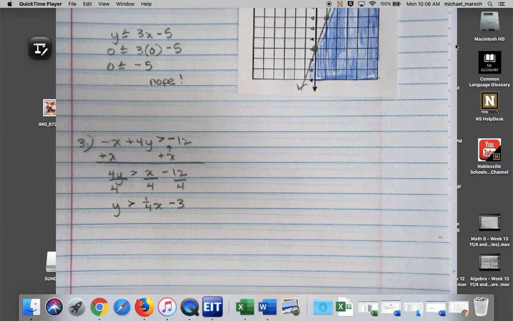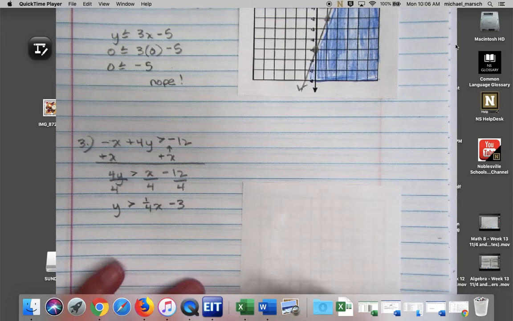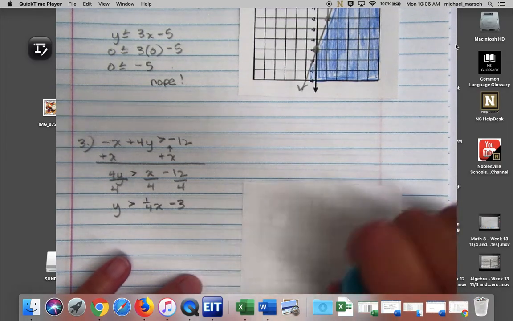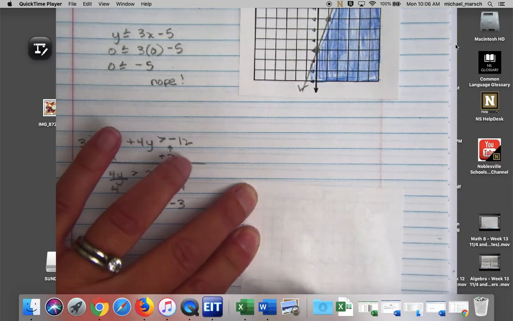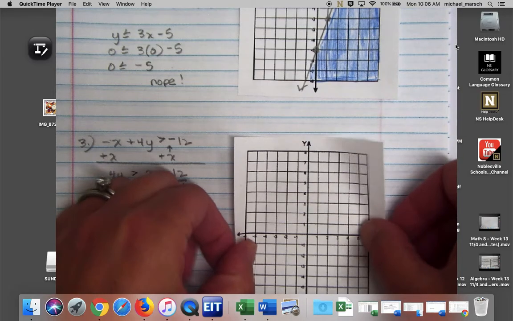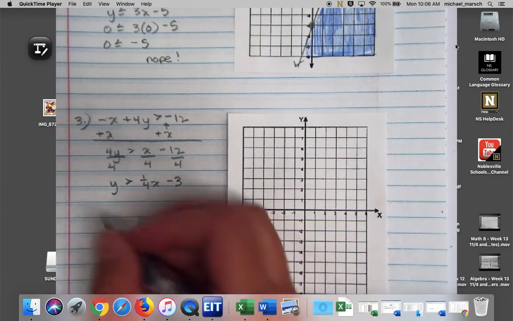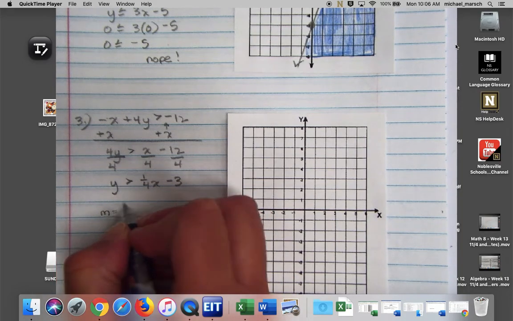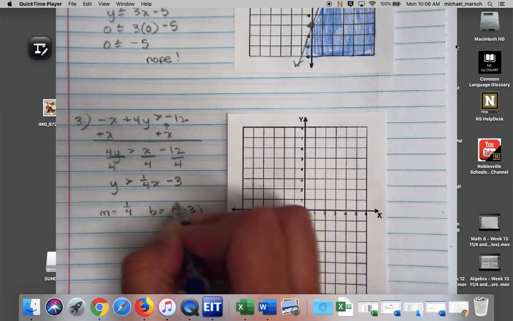Right? So let's go ahead and glue in our final graph for today's notes. And I'm such an expert at this, I know that my slope is 1/4 and my y-intercept is 0, negative 3.